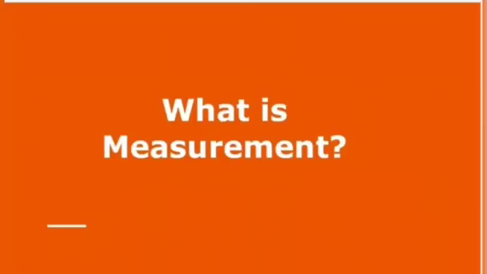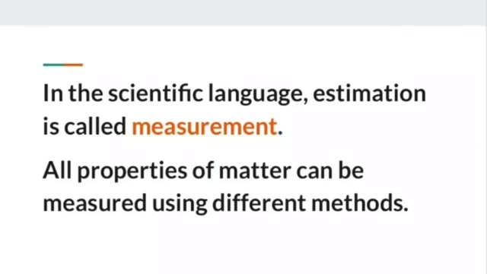So now we will talk about measurement. What is measurement? How can we define measurement? So students, in scientific language, estimation is called measurement. We are estimating many things in our daily life. For example, how much food needs to be cooked for the family is estimated by your mother, right?